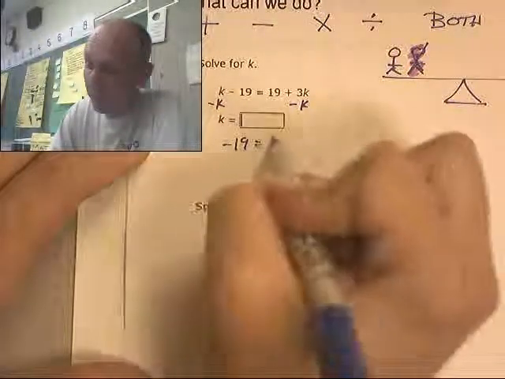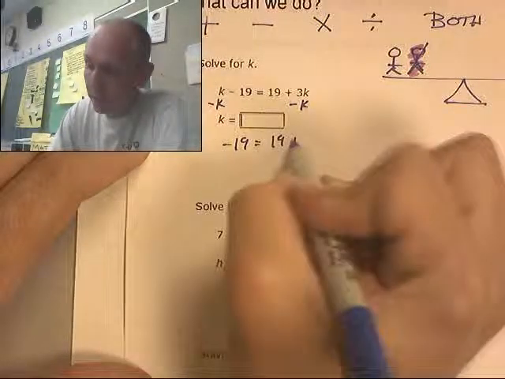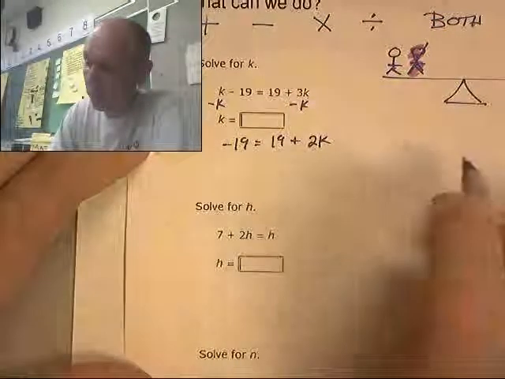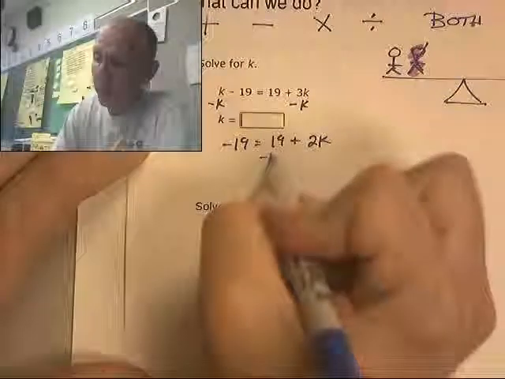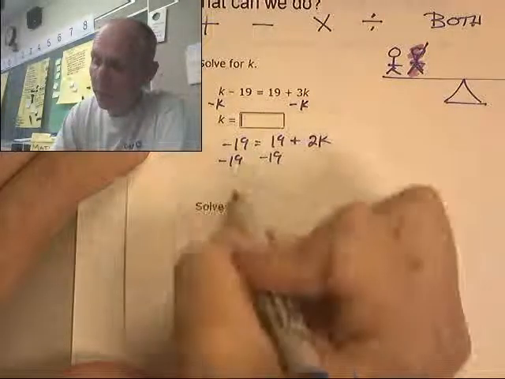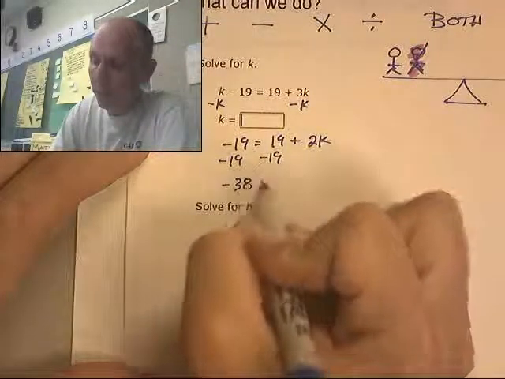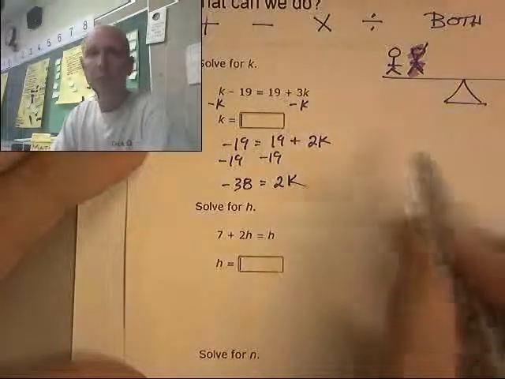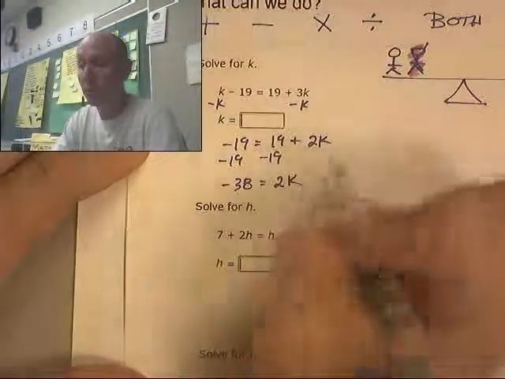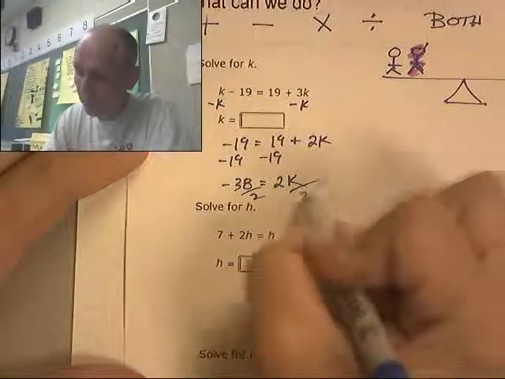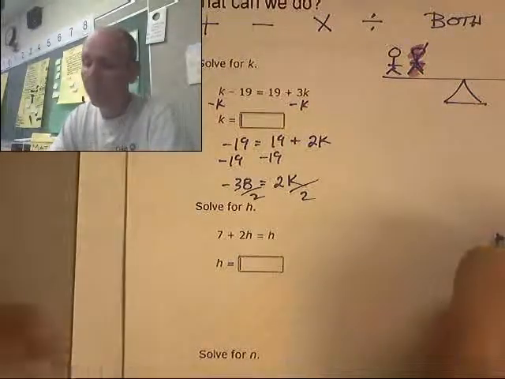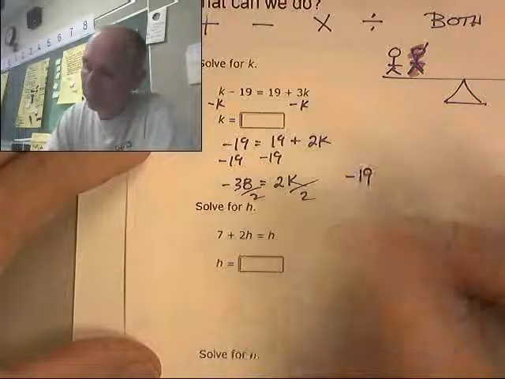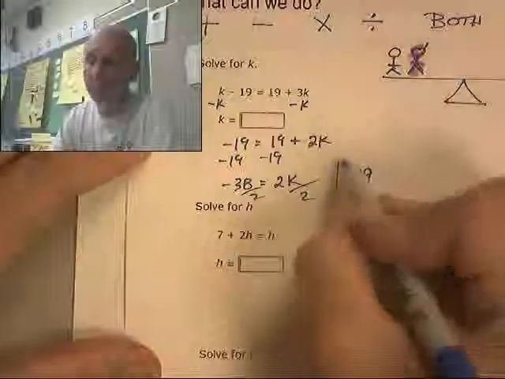That's going to give me negative 19 equals 19 plus 3 kangaroos minus 1 kangaroo, 2 kangaroos. Now I'm going to subtract 19 from both sides here. It's going to give me negative 38 equals 2k. At this point, I would divide both sides by 2. Dividing by 2, dividing by 2. It's going to give me negative 19. And that's my answer.